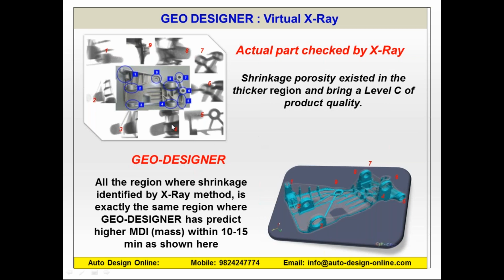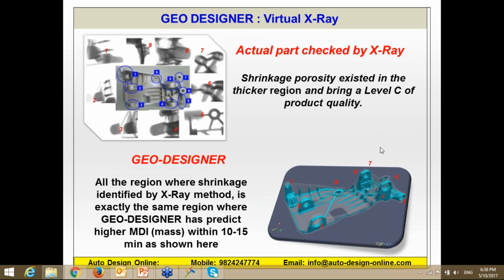If you compare this image with the right side bottom image, it highlights exactly the same 9 locations, which are likely to solidify last and could convert to shrinkage and porosity. That means at the RFQ stage or even at the designing stage, you know precisely which locations could create problems for you, and you should take care of them at a very early stage of the design, right? So this is what you can see in this case.